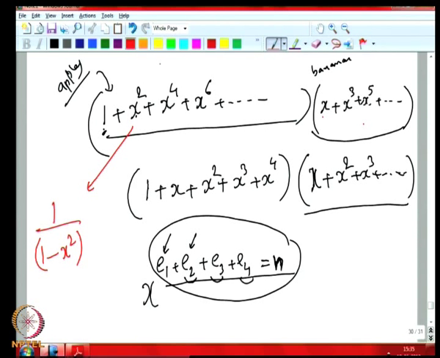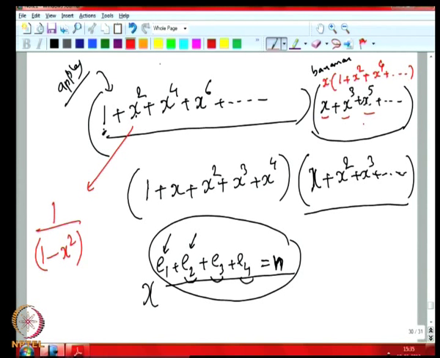And similarly, this term, what I can do is I can take x out from this, and the remaining corresponds to the same term. So this is actually x into 1 plus x square plus x fourth plus and so on, right.